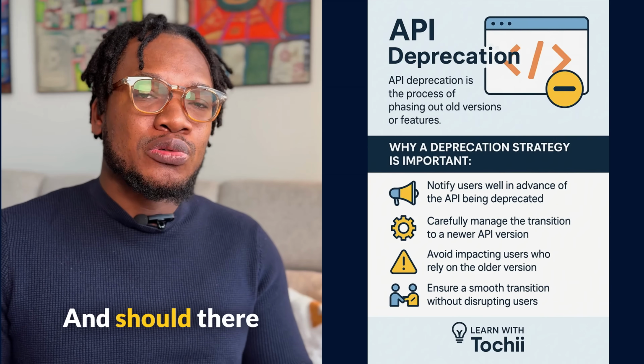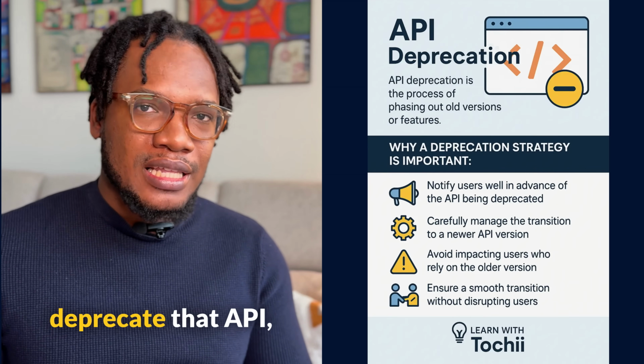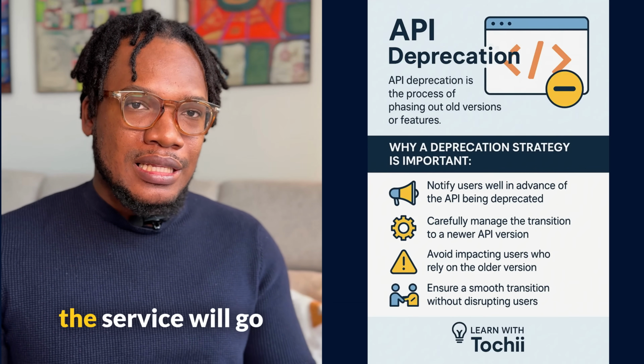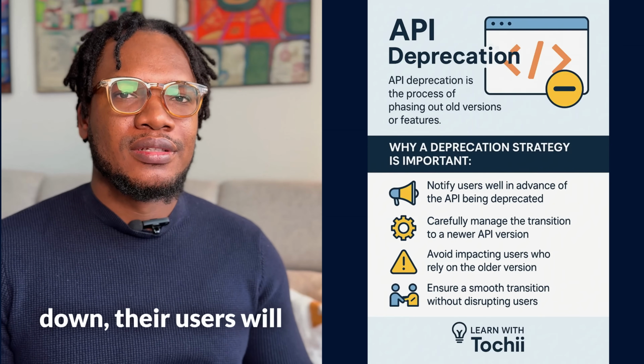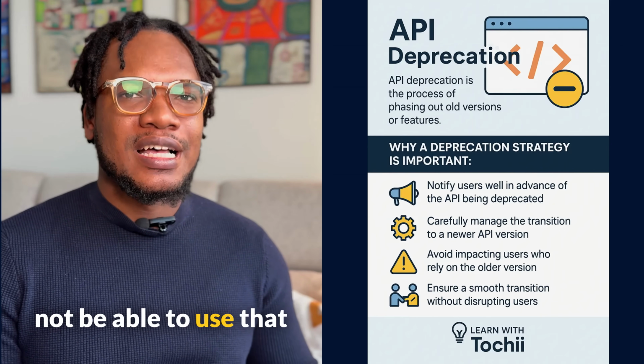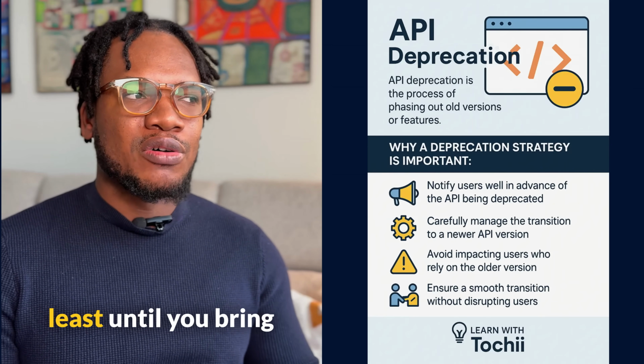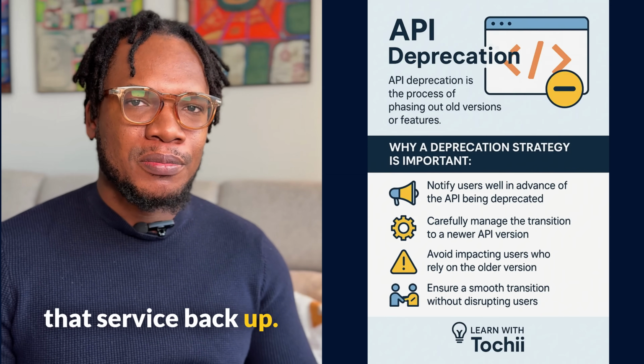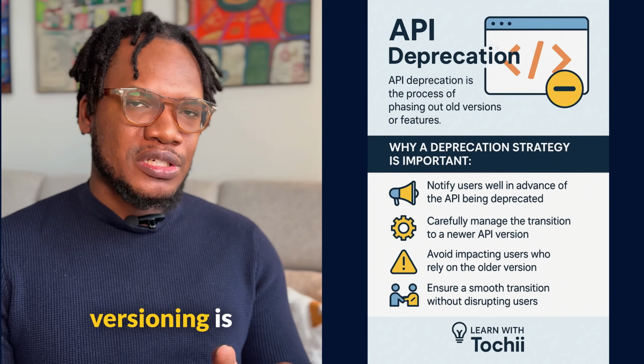Should you deprecate that API, the service will go down. Their users will not be able to use that service, at the very least, until you bring that service back up. This is why API versioning is so important.